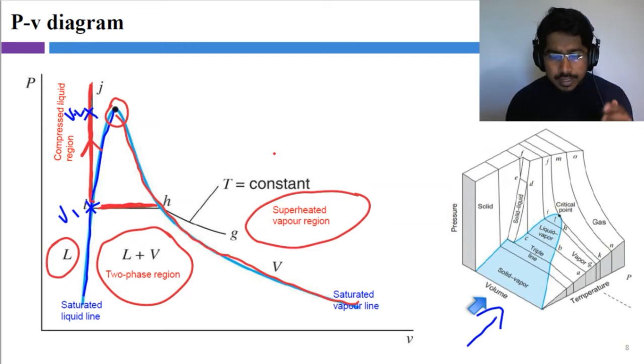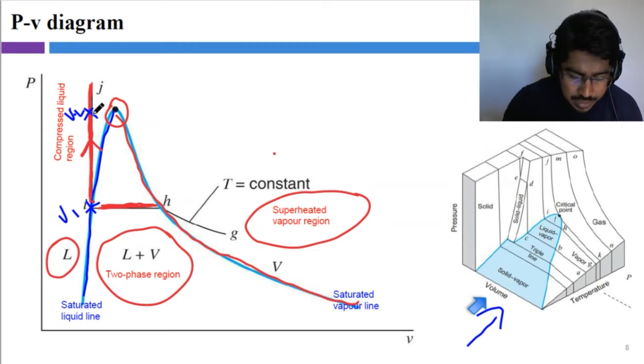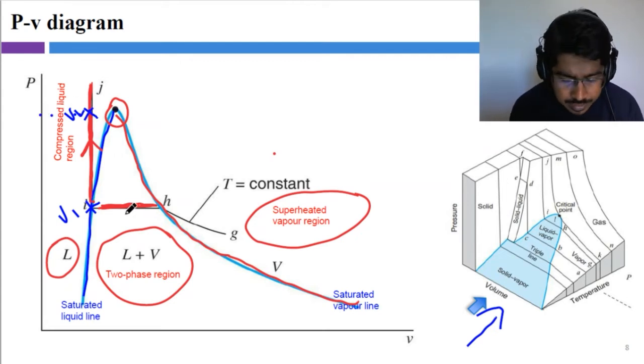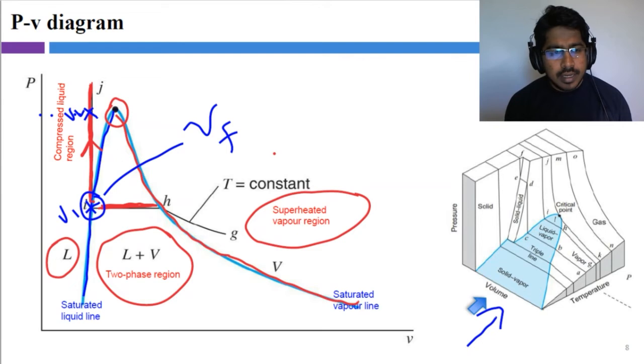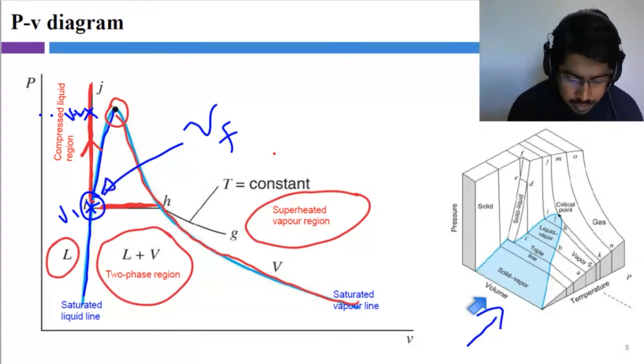So you neglect the pressure number, right? You stick to temperature and get the Vf value from the tables on the saturated liquid line.